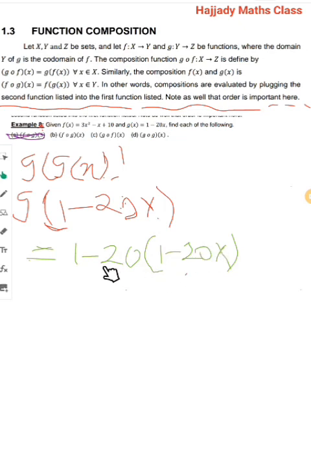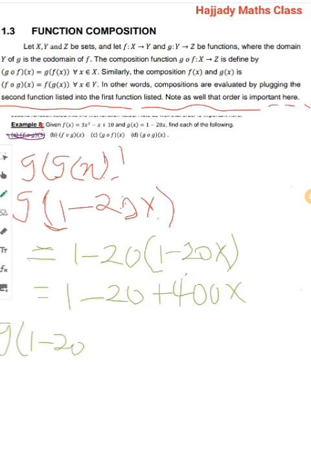So we are expanding this now, and we have 1 minus 20 times 1 is 20, minus 20 times 20x is plus 400x. So we have 1 minus 20 plus 400x. So rewriting this, we have our function g of 1 minus 20x to be equal to 400x, 1 minus 20 gives what? Minus 19. So that is our final answer.